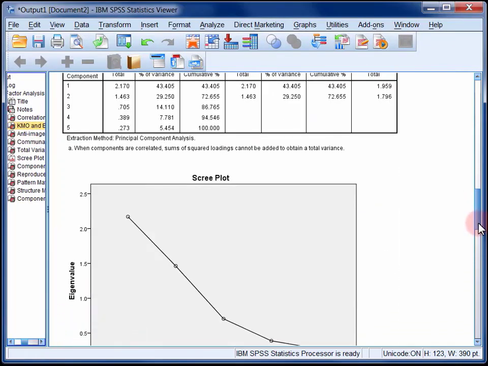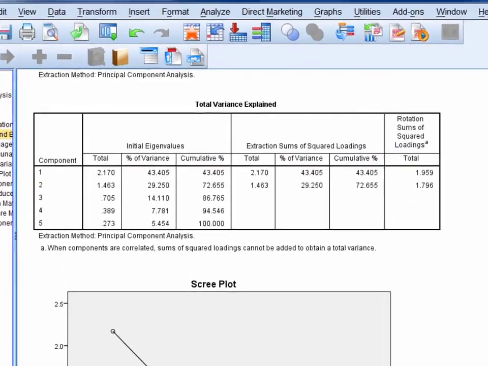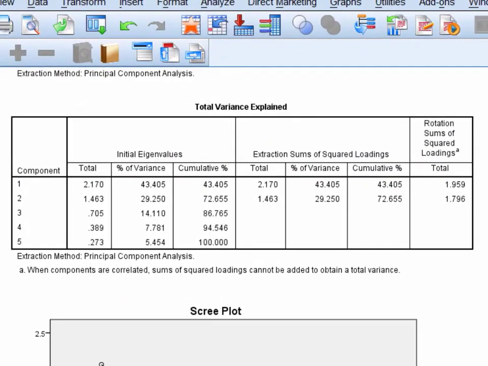Now the next table down is the total variance explained table, and it tells us how many components have been extracted using principal components analysis. Remember, the rule that we set for extracting components was the Kaiser criterion, which says that we should extract components with initial eigenvalues greater than 1. For the logic of why we do this, refer to some of the references which are listed in StatHand.